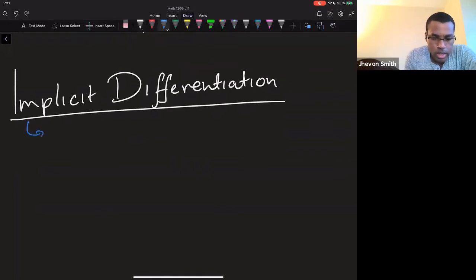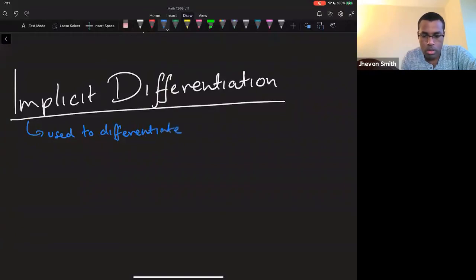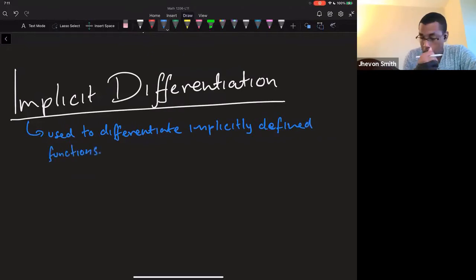This is used to differentiate implicitly defined functions. What are explicitly defined functions?